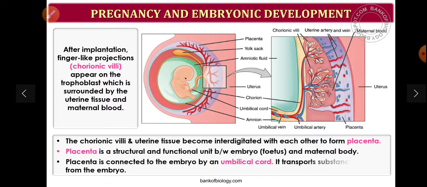The chorionic villi and uterine tissue become interdigitated with each other to form the placenta. The placenta is a structural and functional unit between the embryo and the maternal body. It is connected to the embryo by an umbilical cord. It transports substances to and from the embryo.